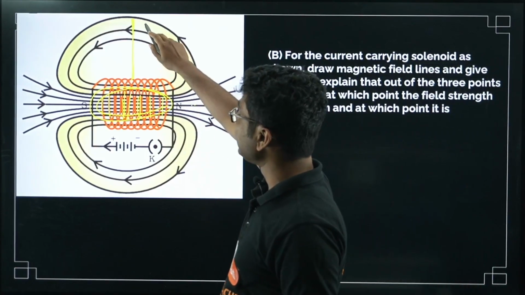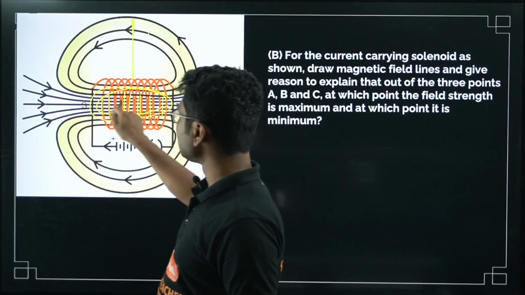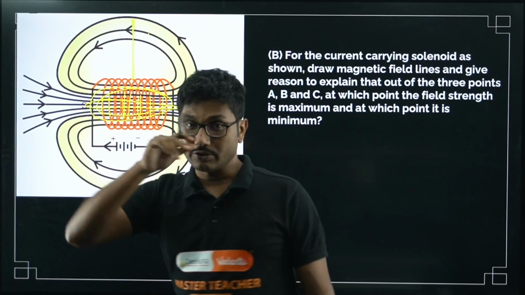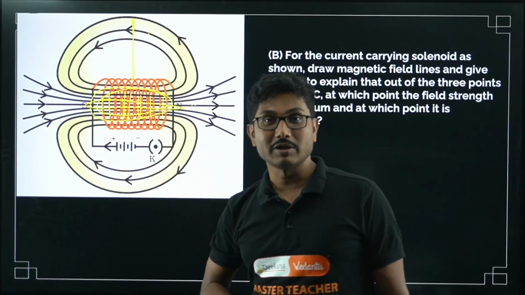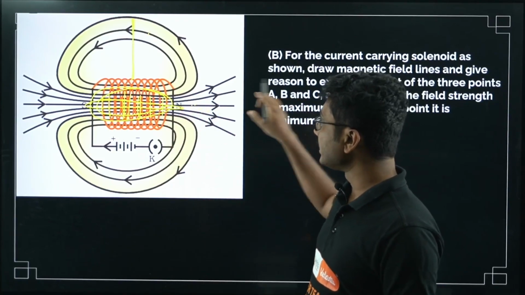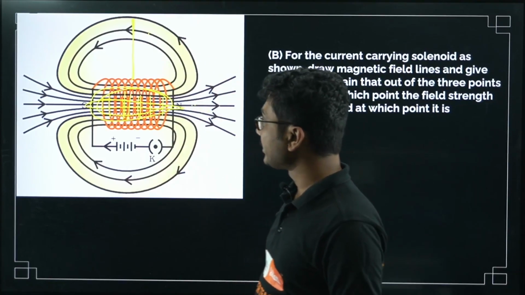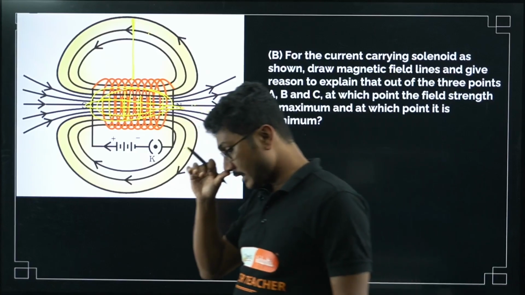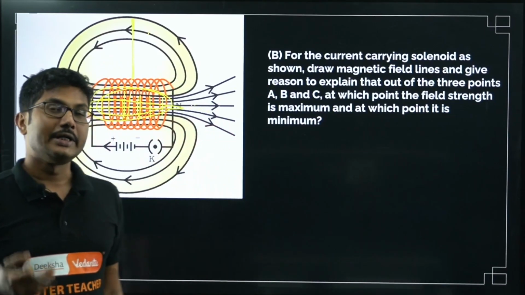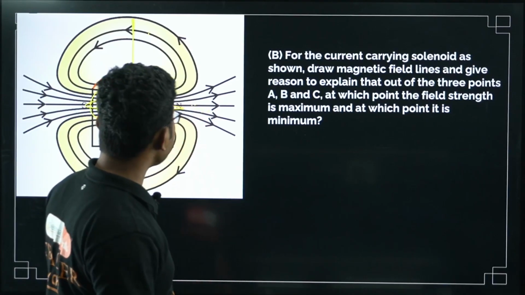In this region it is very low, in this region it is okay, and it is strongest within the core. So the magnetic field is always strong inside the solenoid, and it slowly decreases as you move out of the solenoid. In the perpendicular direction it decreases rapidly, whereas in the longitudinal direction along the axis of the solenoid it decreases, but slowly. Okay, that is the answer.